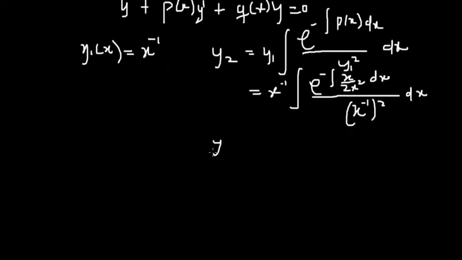Now let's try to simplify. So we have x exponent minus 1. Let's do a simple integration over here. Note when you integrate the whole of this, let me rewrite that. We have 2x squared dx.